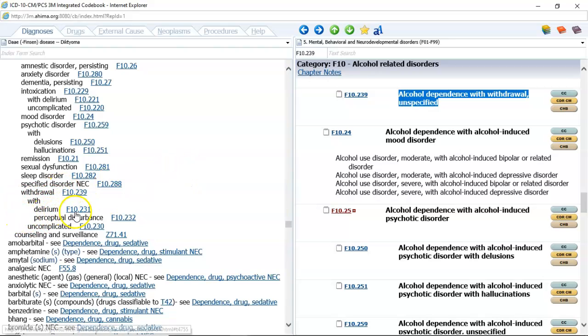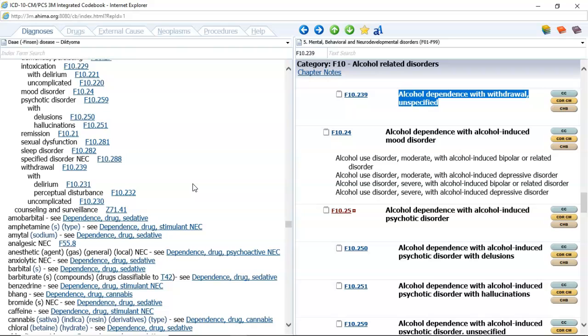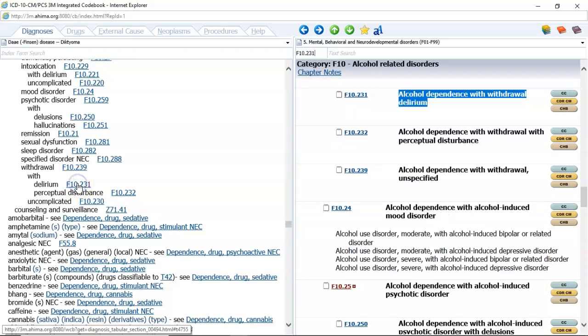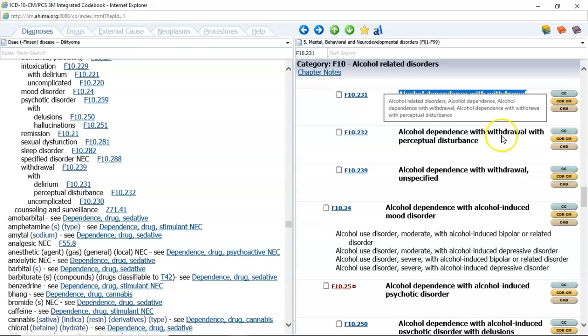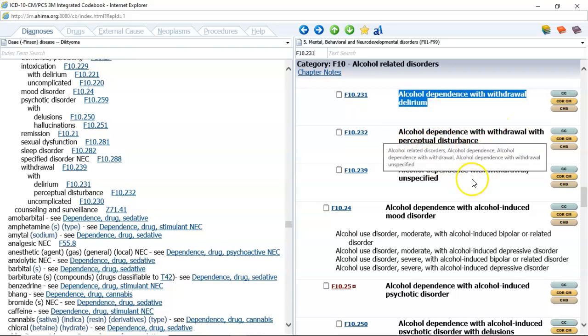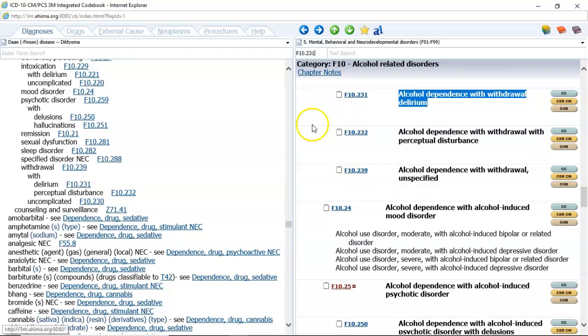They may have delirium tremens, they may have hallucinations. Those types of things have to be managed, and they are coded. If we look at this code F10.231, we can see that this is alcohol dependence with withdrawal delirium. There's also a code for withdrawal with perceptual disturbances and withdrawal unspecified.